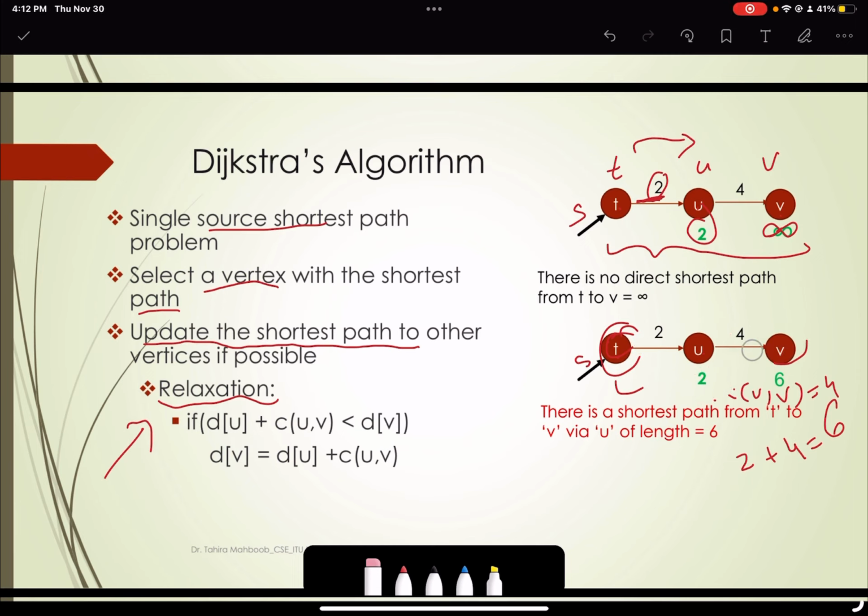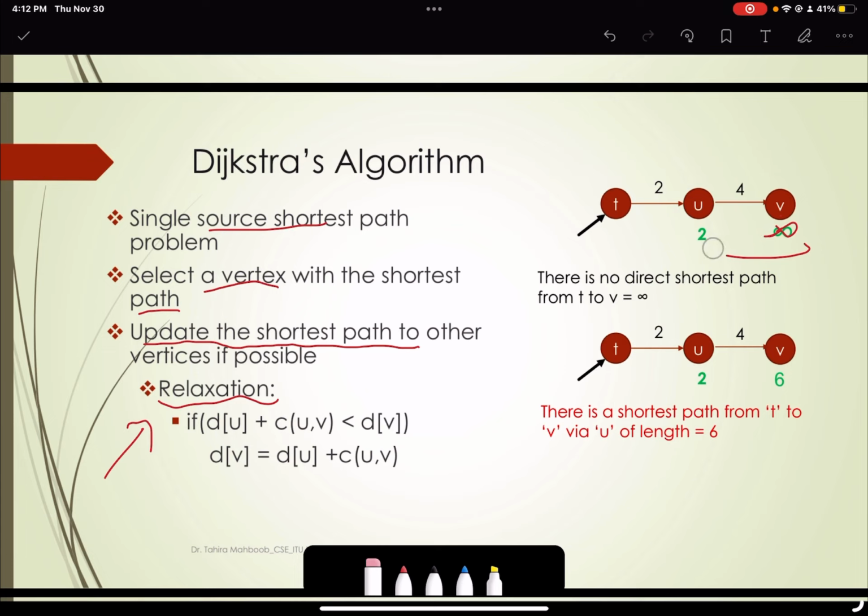So we can only update the distance value if we have an edge between the vertices. So this is the relaxation condition.